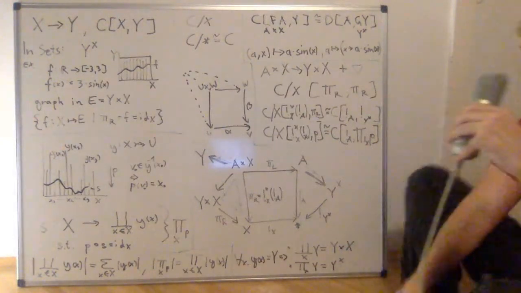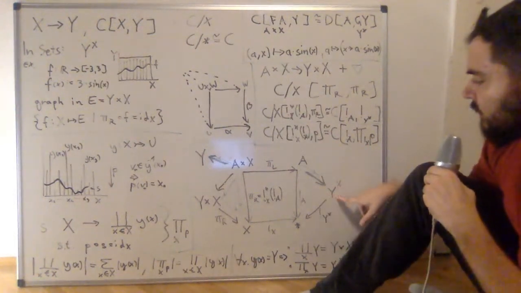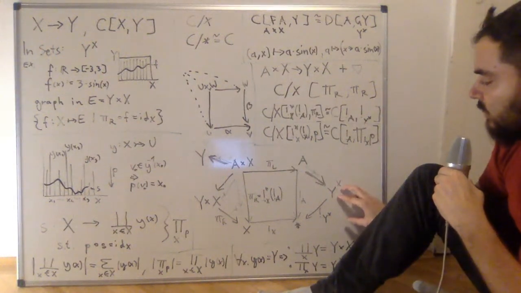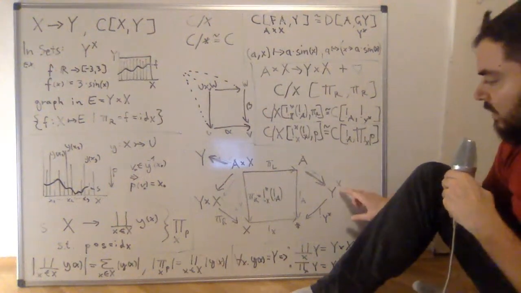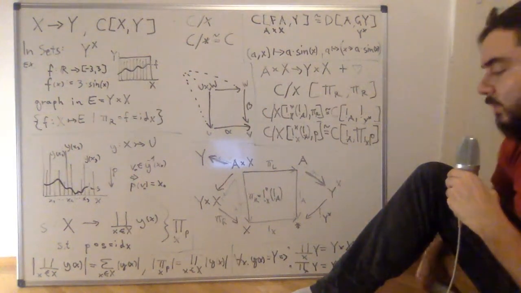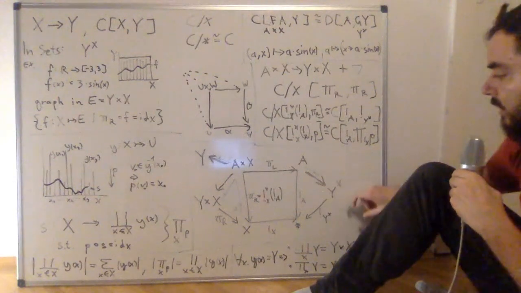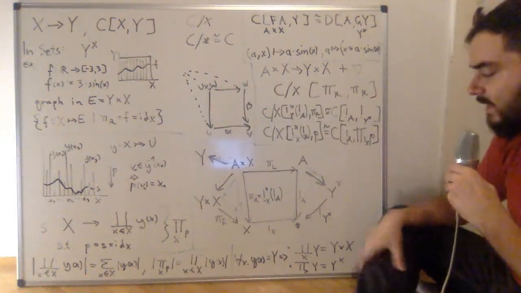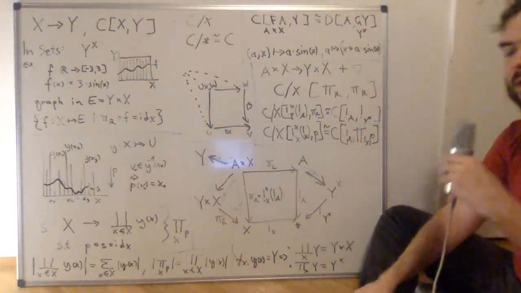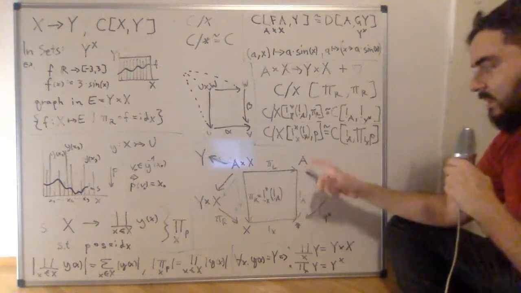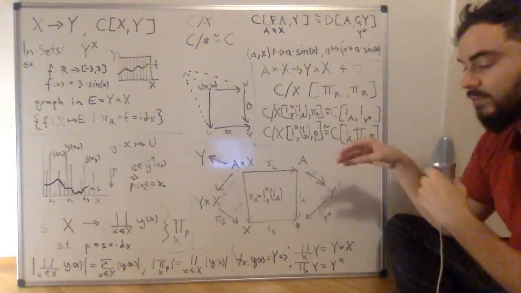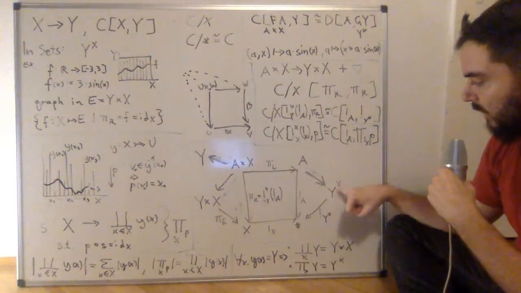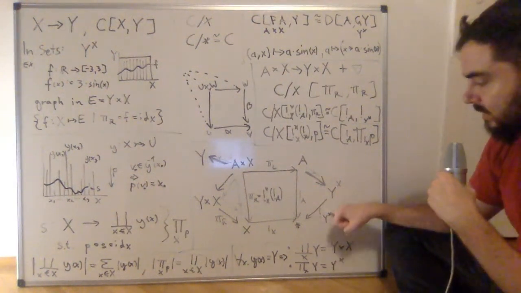And now, if we look at the set theoretic case again for a second, then we had that, of course, in this category of sets, this object from X to Y is also inside of this category, and it can also be expressed in the slice category, namely in the slice category over this terminal object here. And so with this identification of a function with its domain, we have that A is identified with the bang A, and Y to the X is identified with bang Y to the X.